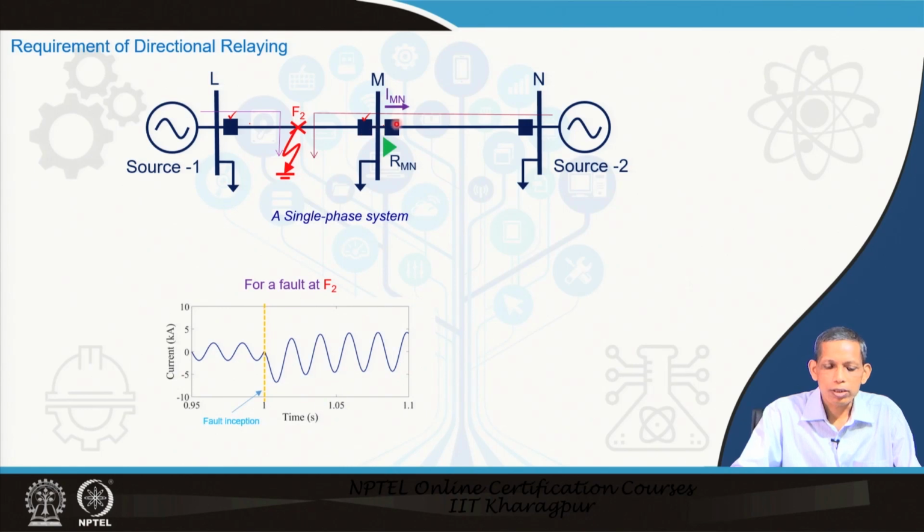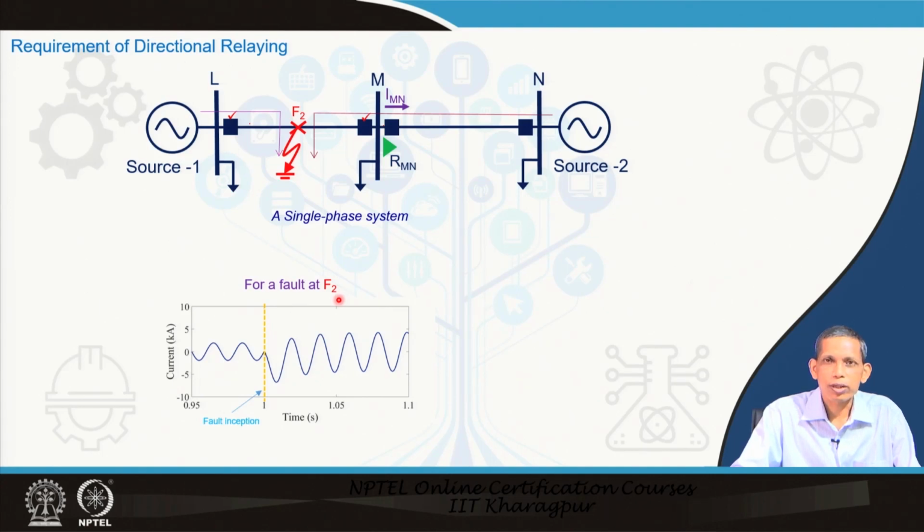Now, how does this relay at M, same relay what we have earlier discussed, how does it see? So, now the current which will be seen, we see here now flows from right to left for this relay, and that is what is shown here, that the current now changes in a different way for fault F2 as compared to F1.